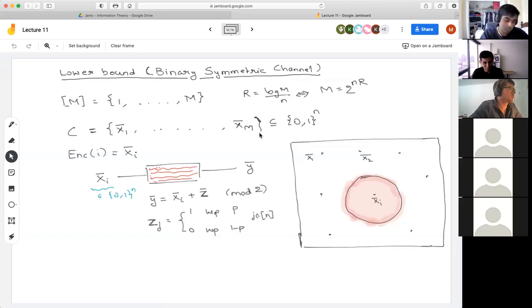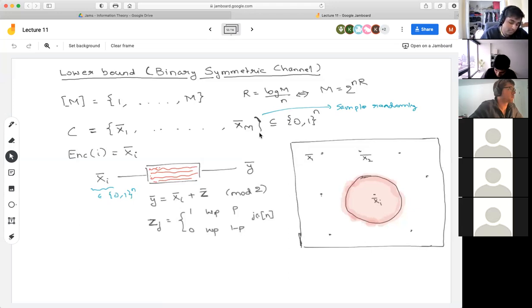So x1 bar is a sequence of n bits, and we are going to sample each bit uniformly randomly to be 0 or 1 with probability half each.